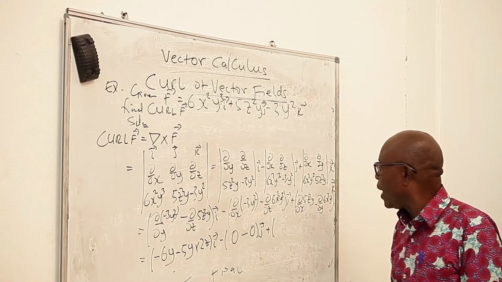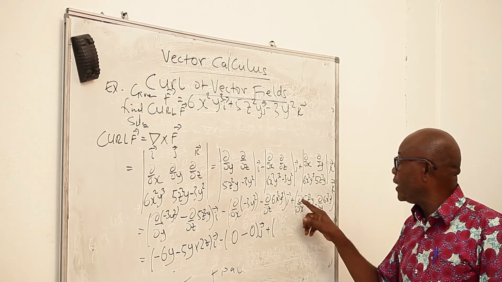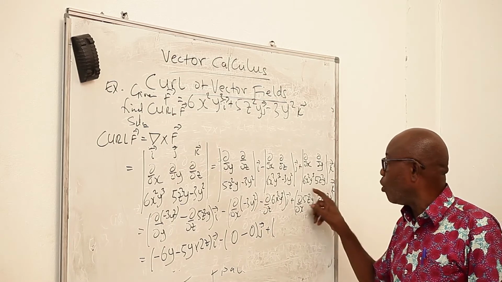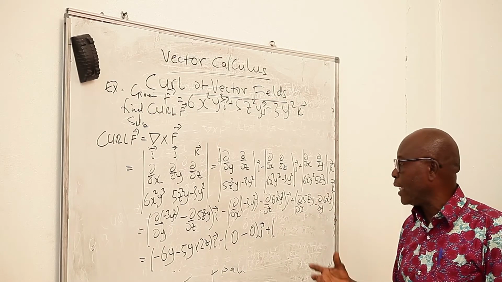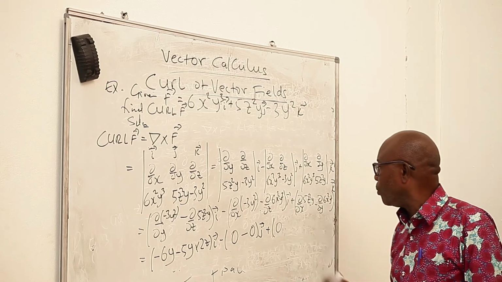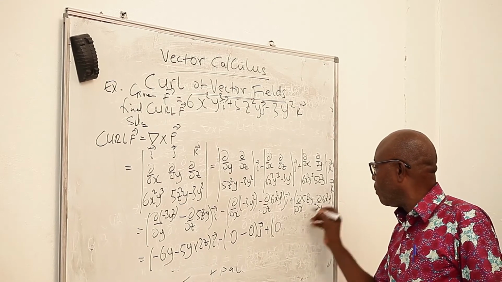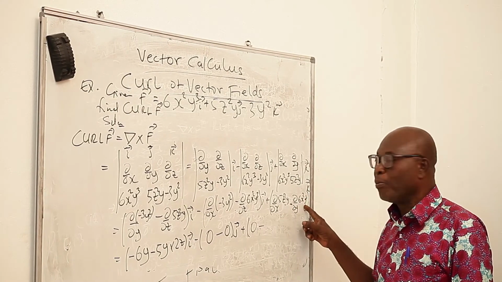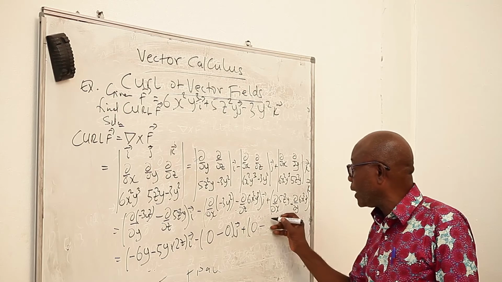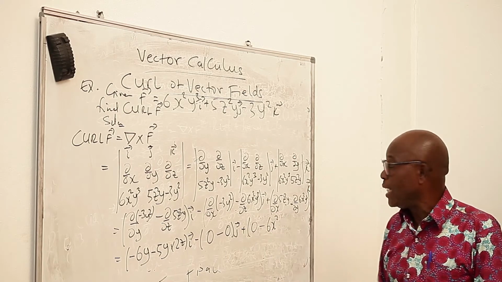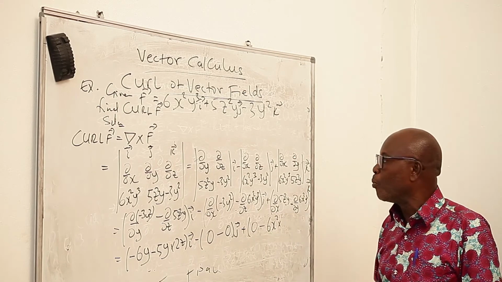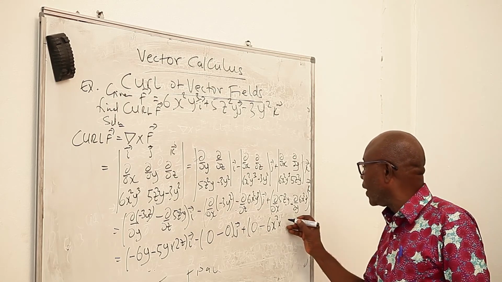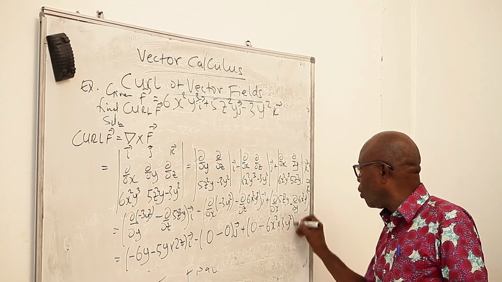Plus, now if you come here, differentiating 5z squared y with respect to x, there's no x component here. So all this term is a constant. And so if you differentiate a constant, you get 0. Minus, if you differentiate 6x squared y cubed, you see that 6x squared is a constant, bring it out. And then if you differentiate y cubed with respect to y, you're going to get 3y squared, all in the k direction.